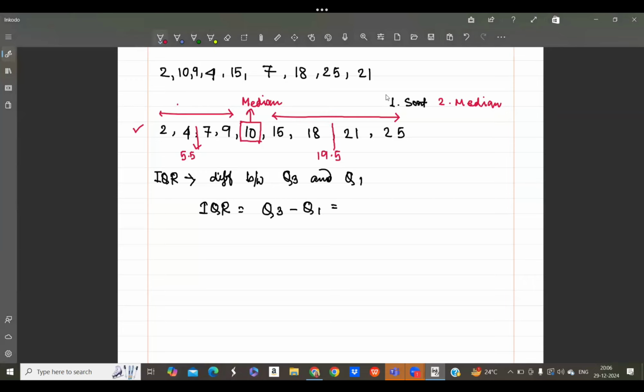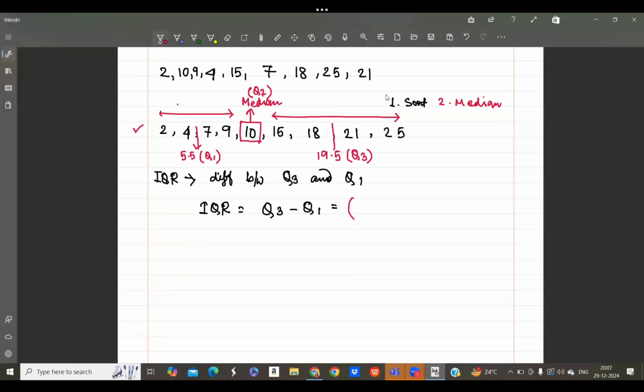This one is our Q1 and this one is our Q3, and this one is our Q2. For interquartile range, we need the difference between Q3 and Q1.